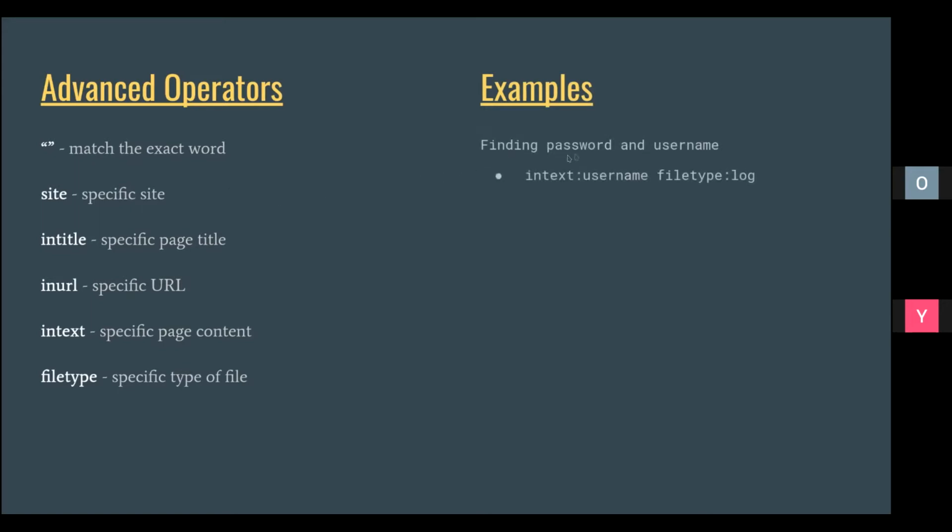So what you can do to find public passwords or usernames is use intext username. And we're mainly looking at log files that are publicly exposed. The same thing goes for password.